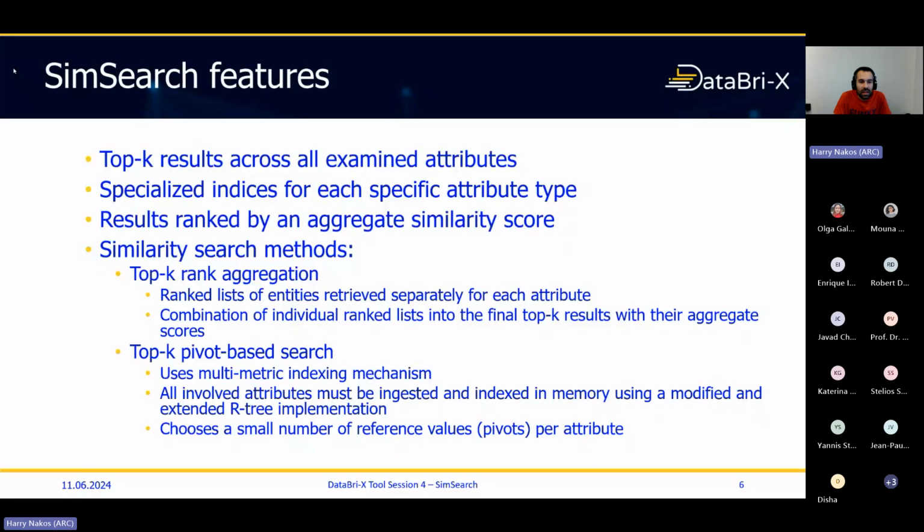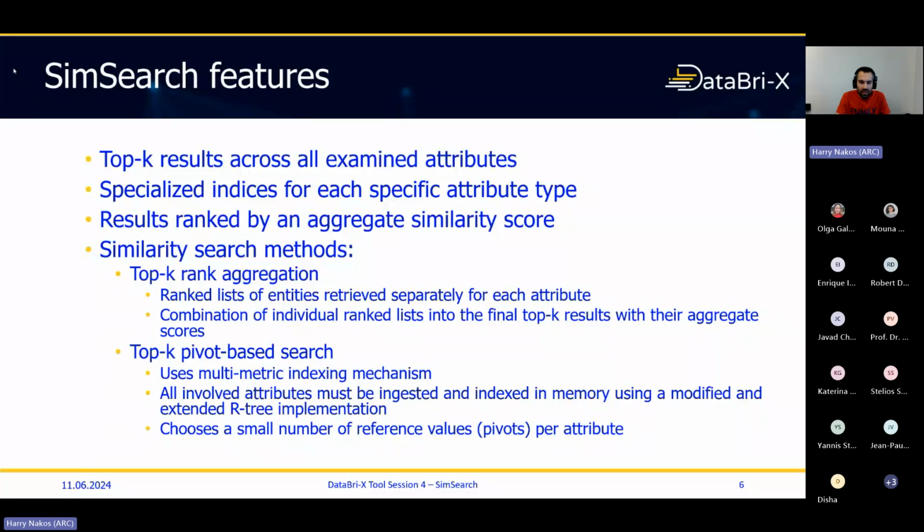And then the results are ranked by an aggregate similarity score that is weighted regarding each attribute separately. The methods used for similarity search are the rank aggregation, top-k rank aggregation, which is essentially what we mentioned.